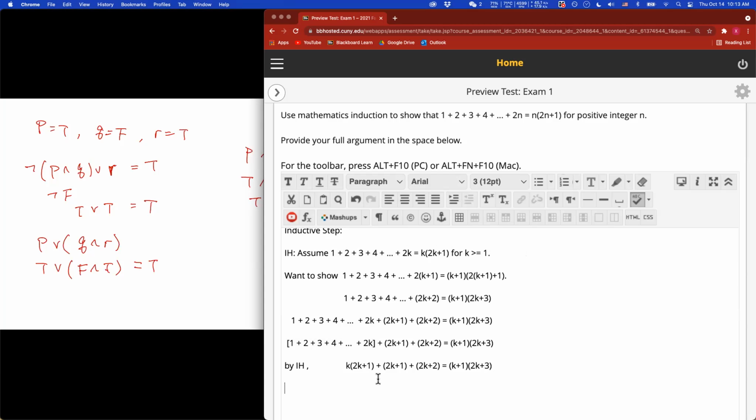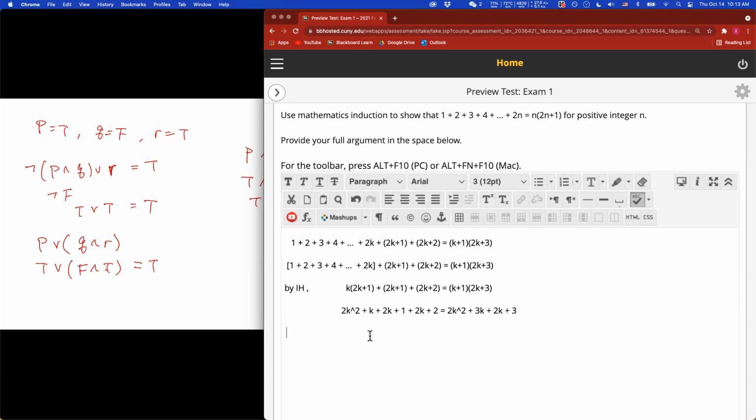Now you need to show the left-hand side equals the right-hand side. Here you will have 2k squared plus k plus 2k plus 1 plus 2k plus 2. And on the right-hand side, you distribute k plus 1 times 2k plus 3, and you will have 2k squared plus 3k plus 2k plus 3.